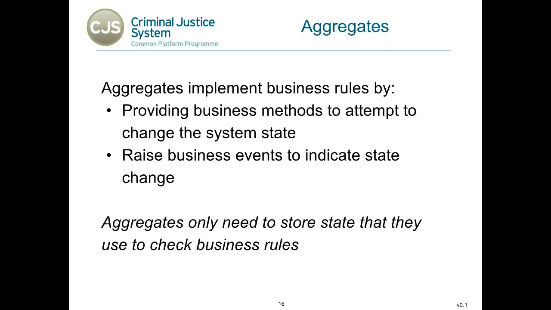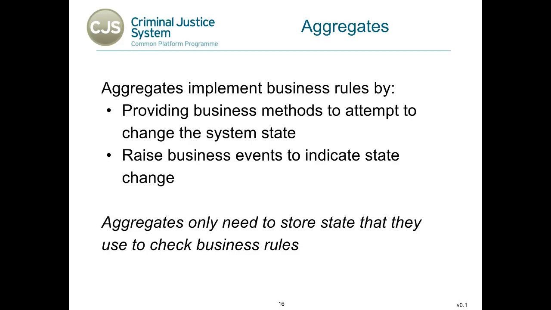So the aggregate is responsible for raising the events, and in a minute we'll see some example code that shows how it fits together. But it's the aggregate that creates the events. It's the command handler that then stores those events.